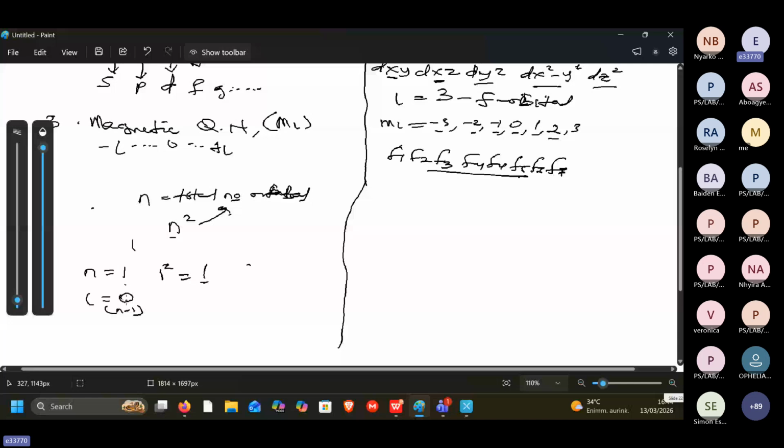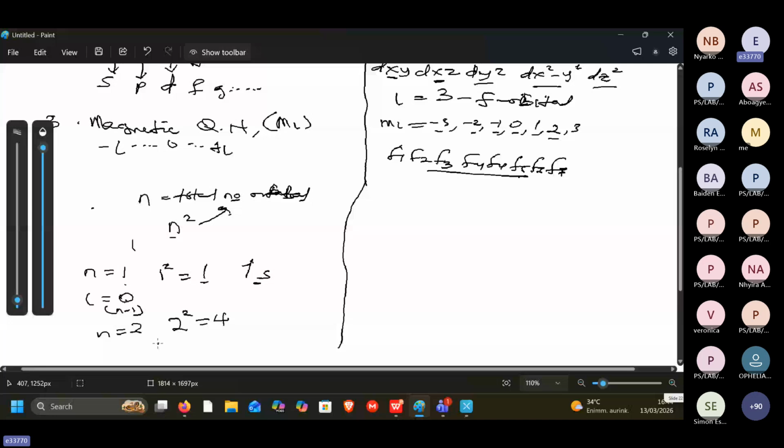If I go higher to, say, energy level 2, what do you think will be the total orbitals there? That will be 2 squared, and 2 squared is 4. For n equals 2, the allowed L values will be 0 and then 1.